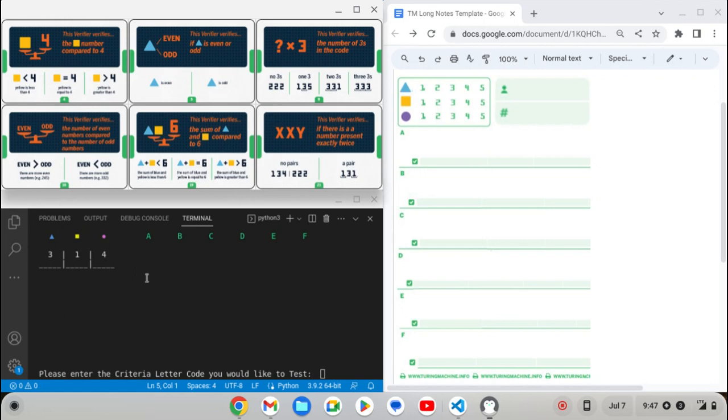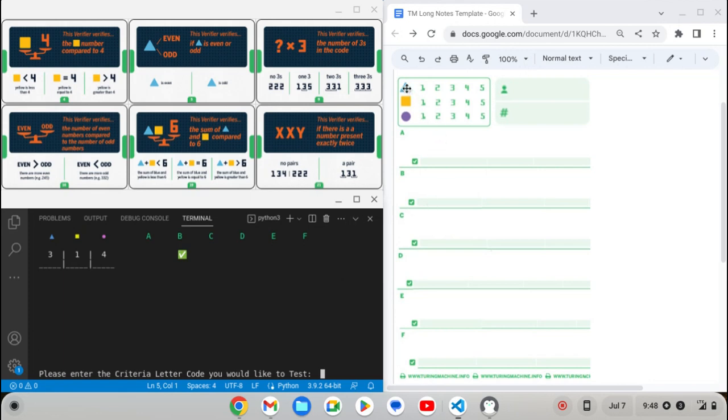So the first thing I want to find out is whether that first digit is an even or an odd. So let me go ahead and test criteria card B. Okay, so the Turing machine approves of my proposal. Notice that I did choose an odd 3. So the Turing machine is just confirming that it's an odd.